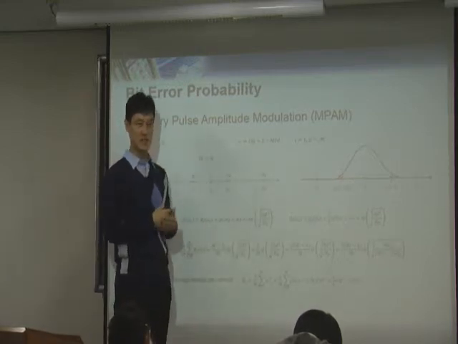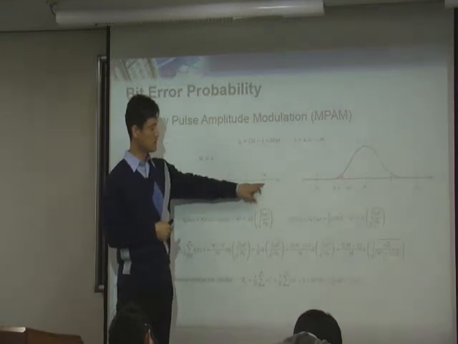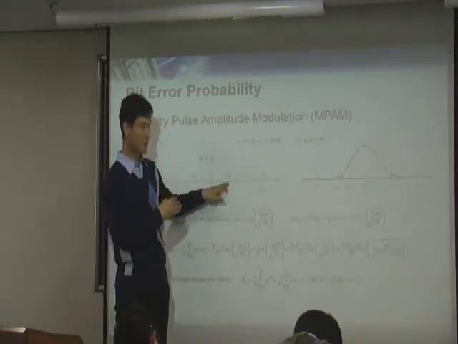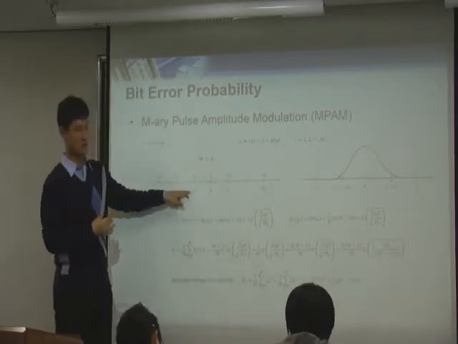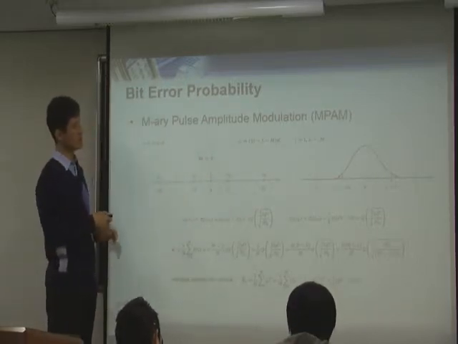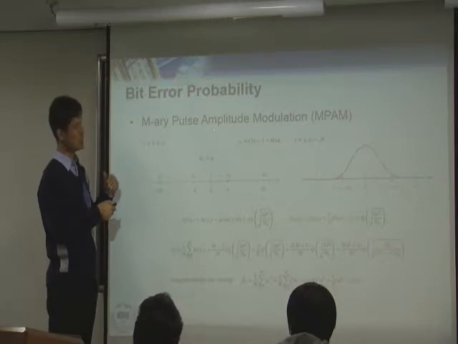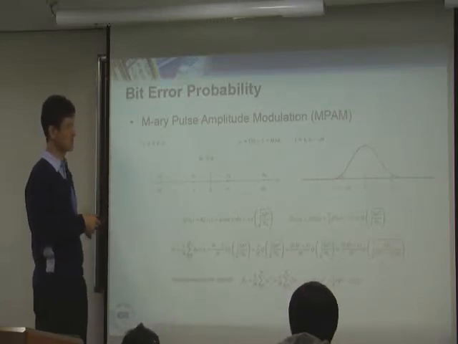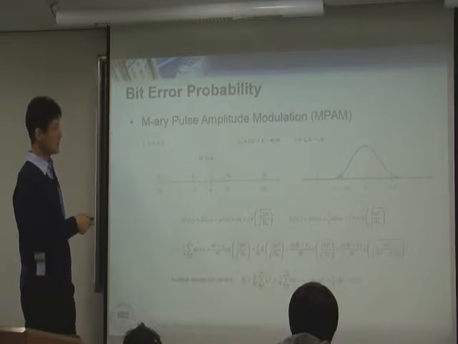It can be like a voltage, right? You have some large voltage and some small level, even smaller level, something like that, right? Only the level or amplitude gives you a piece of information. That's pulse amplitude modulation. So let's say, as an example, M equal to 4.